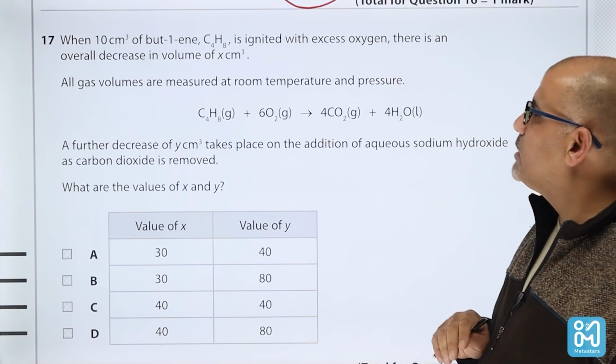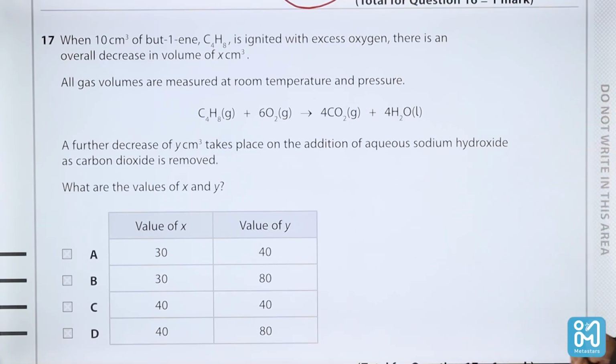All gas volumes are measured at room temperature and pressure. This is the equation. A further decrease of Y cubic centimeters takes place on the addition of aqueous sodium hydroxide, as carbon dioxide is removed. What are the values of X and Y?